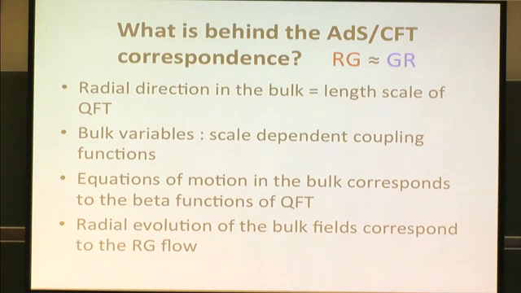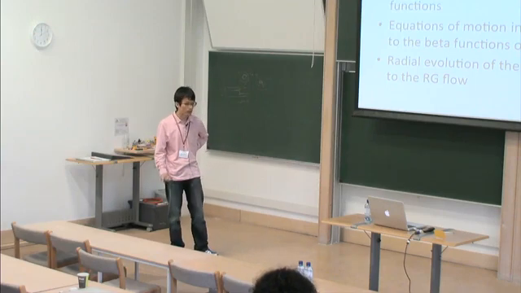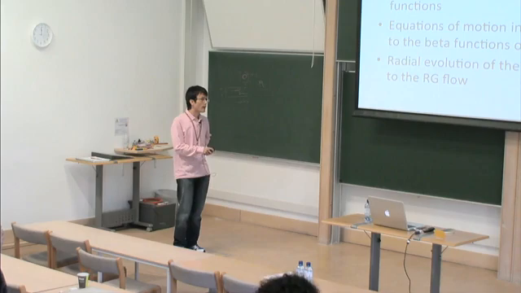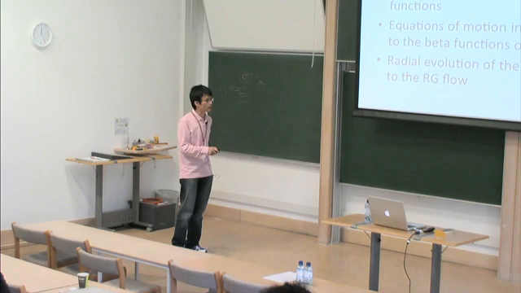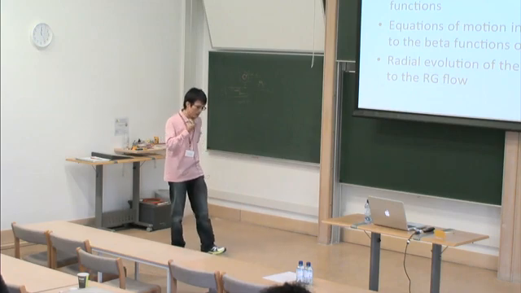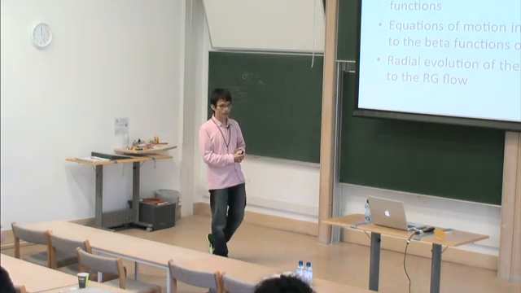In particular, the radial direction in the bulk corresponds to the length scale of the field theory, and therefore the bulk variables that live in bulk space and time should be viewed as scale-dependent coupling functions or coupling constants, and the equation of motion that governs the radial evolution of the bulk variables should be viewed as the beta functions, and therefore it basically describes the RG evolution.